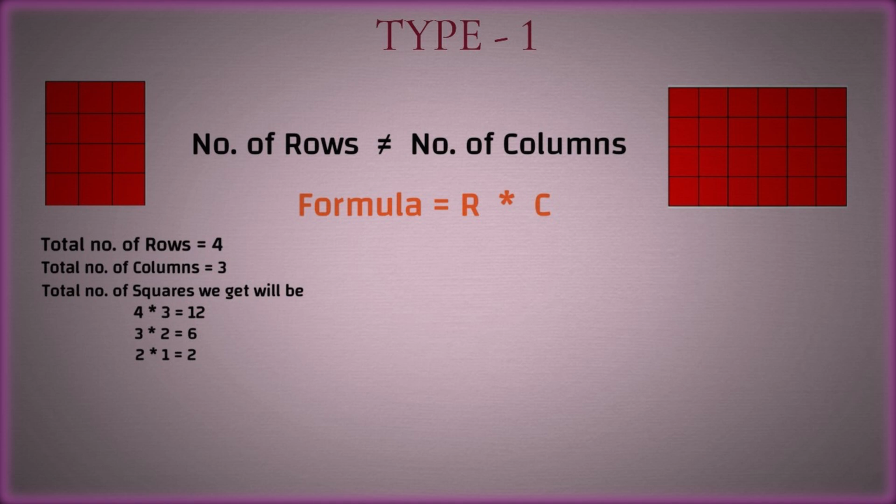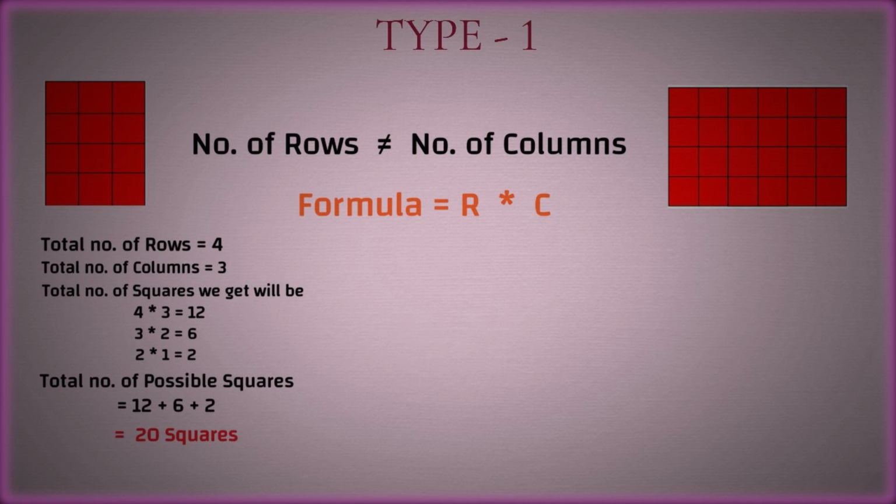The products we got are 12, 6 and 2. So by adding 12, 6 and 2, we get the total number of squares possible in this figure. Thus 12 plus 6 plus 2 gives us 20, which is our answer: the total number of possible squares in this figure is 20.